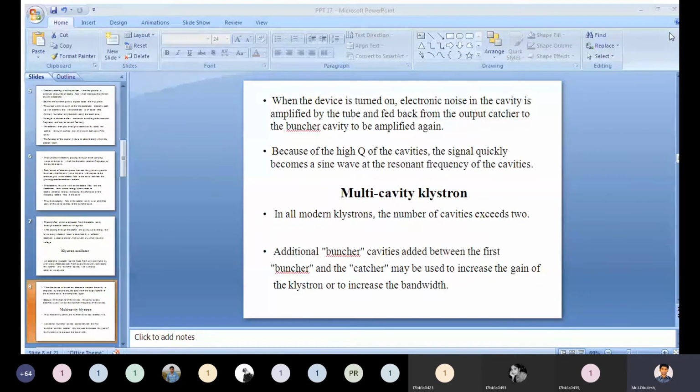So in the reflection klystron, you need to see, the electron beam passes through a single resonant cavity. This is the cathode. The electrons are fired into one end of the tube by an electron gun.